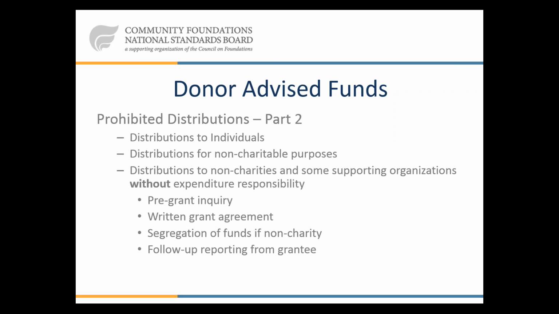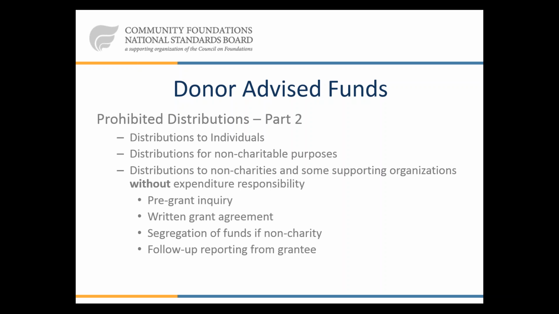In addition, we want to be careful about grants to individuals, grants for non-charitable purposes, or grants to non-charities, because grants to non-charities for charitable purposes require additional work by the community foundation to make those distributions. And that information is under information in your sample documents about expenditure responsibility.